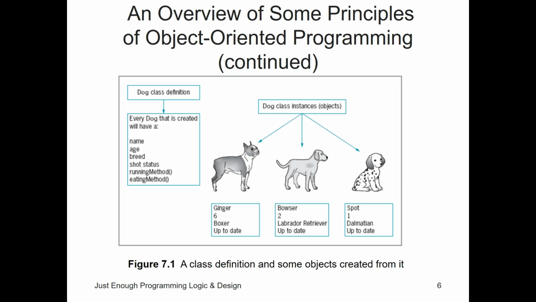That running method is an action. What's at the end of running method? Those parentheses. So just like when we created those modules last week, that parenthesis says, hey, this is a function. It does something.